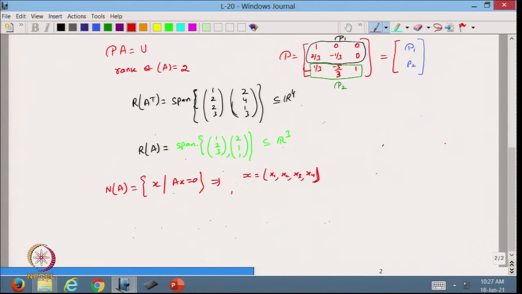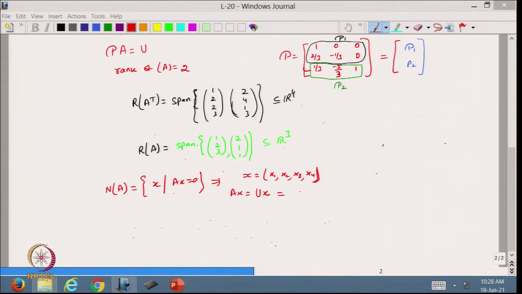So I am writing Ax, and A is now in echelon form, so basically I am writing A reduced to the form Ux.